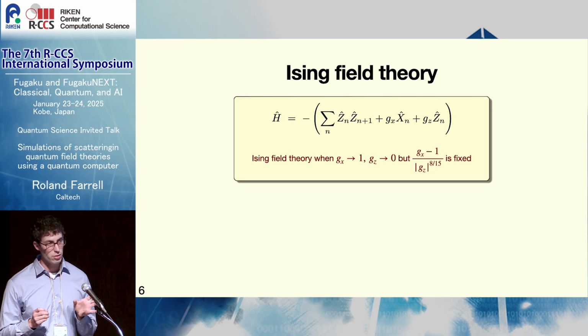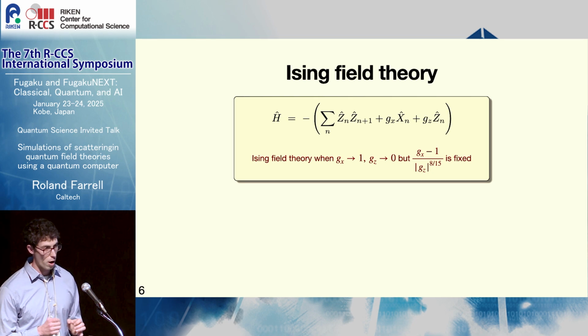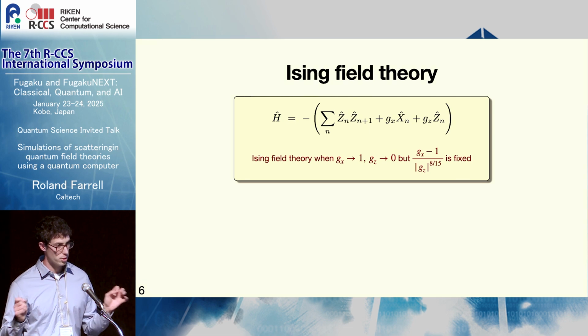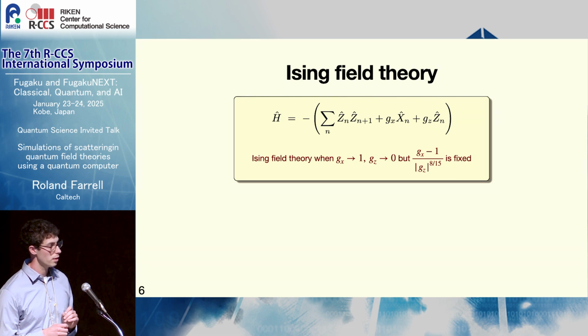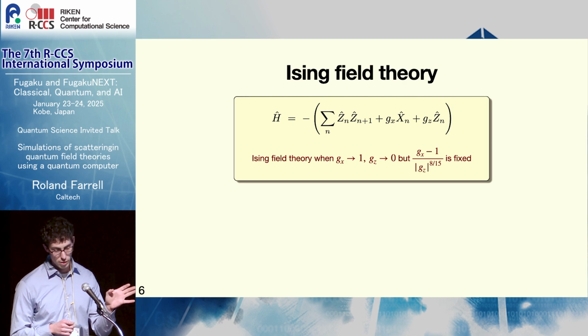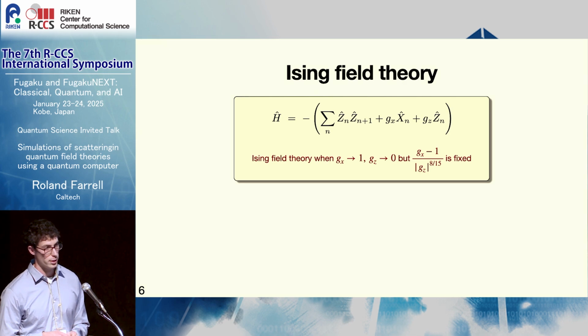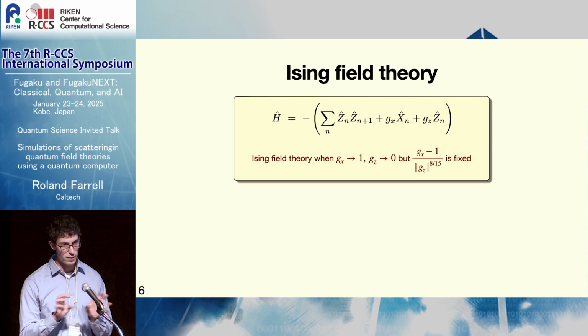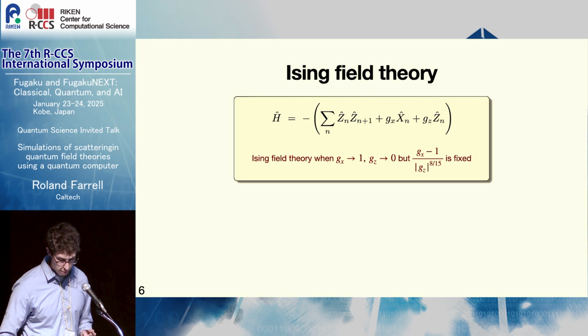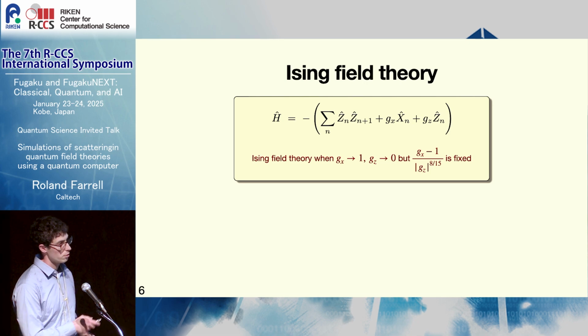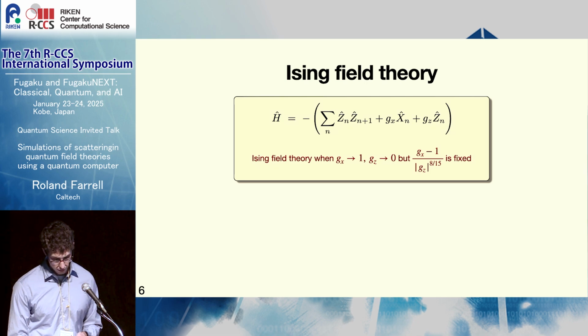And it turns out that as you tune this model to criticality, where the correlation length becomes very large, so you take this transverse field strength to be 1 and this longitudinal field strength to be 0, you actually get a field theory. And there's a whole family of field theories that you can tune to depending on the ratio of this combination of parameters here. So this family of field theories is called the Ising field theory.